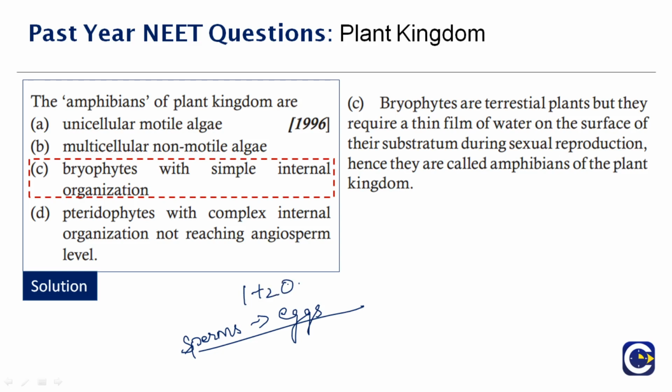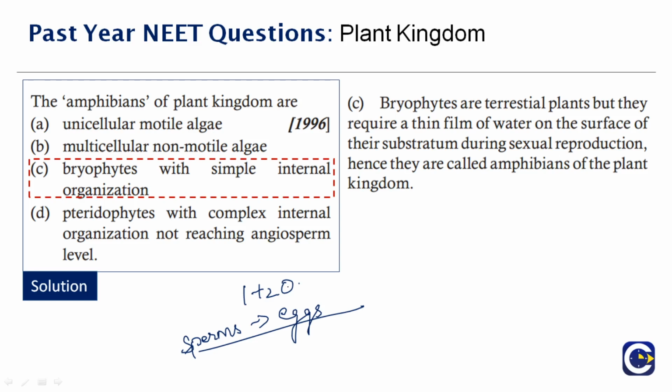That is why bryophytes are also called the amphibians of the plant kingdom. Their internal organization is very simple, and as I already said, they do not produce any pollen grains, you do not have any flowers where the spores can be carried by the wind or by animals or by insects. So their reproduction is completely dependent on water, which serves as an external source to deliver the sperms to the eggs. Therefore, the correct answer to this question is option C.